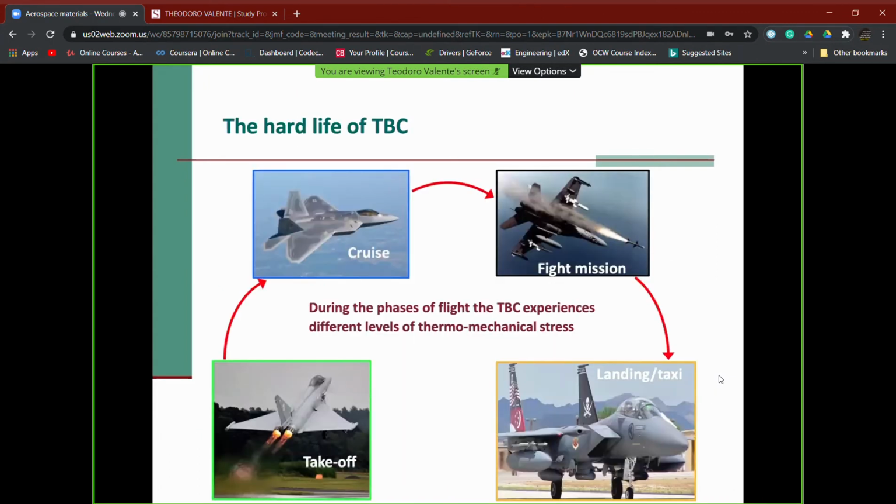Before talking about the concept of partially stabilized zirconia, the thermal barrier coatings are subjected, depending on the working condition, to different and very relevant levels of thermomechanical stresses.